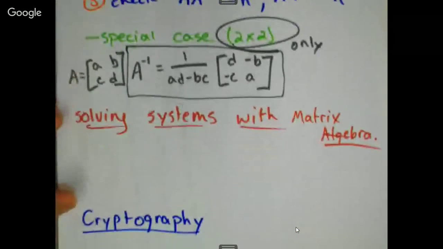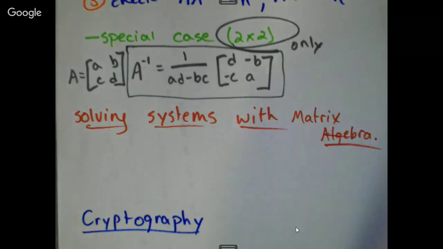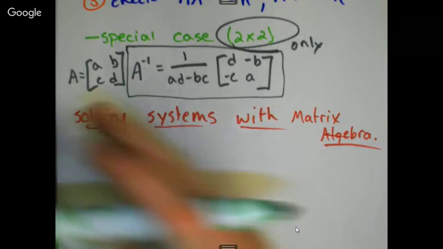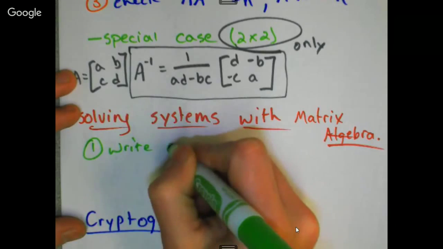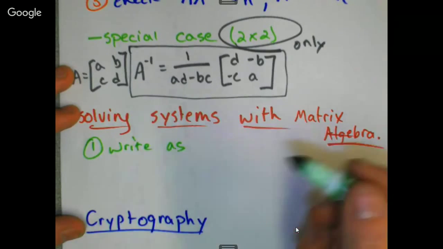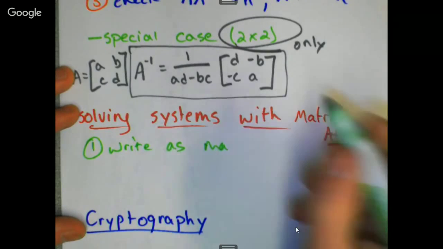So solving systems with matrix algebra looks something like this. We will first take our system and write it as a matrix equation.